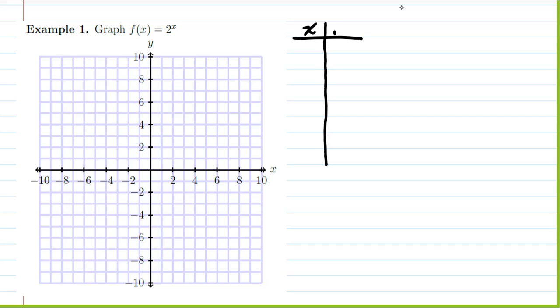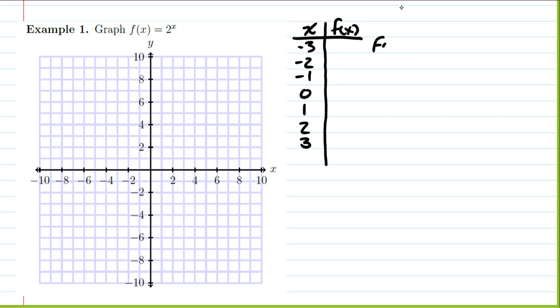Okay, so we have x and f of x, and let's use -3, -2, -1, 0, 1, 2, and 3.